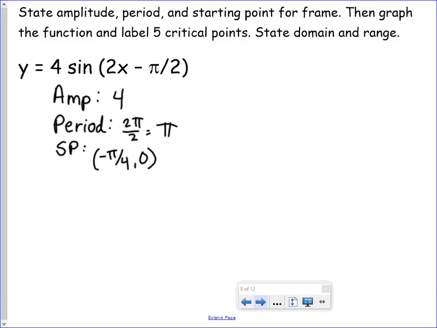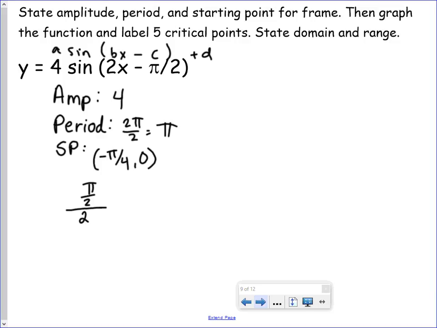Okay, remember for the starting point you should do C over B. So we're thinking A times sine of bx minus c plus d. And so our C, notice how they're both subtraction here. So C is really pi over 2. Okay, so I'm thinking pi over 2, all over B, which is 2. You use that for the period, right?